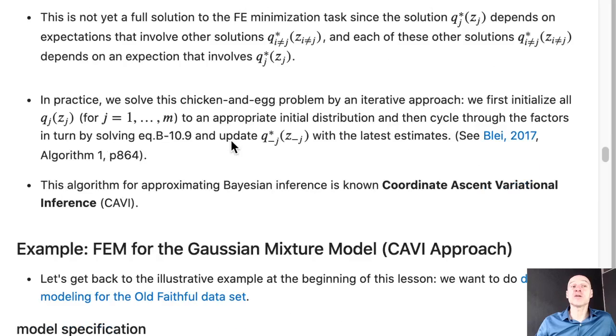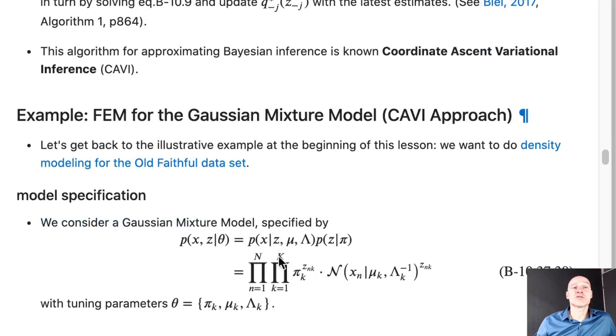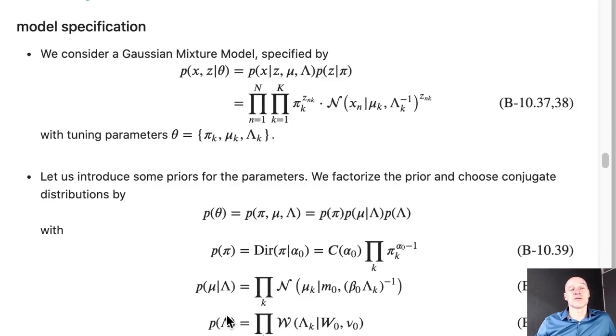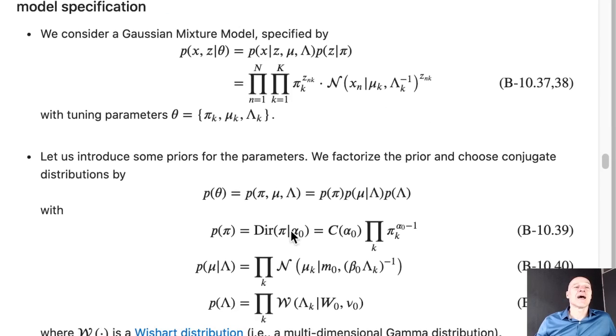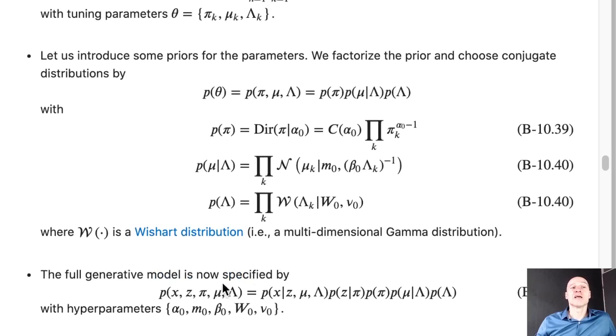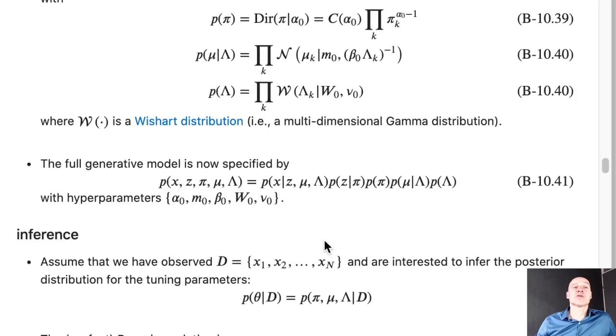For instance, we can do this now for our Gaussian mixture model. We go back to the illustrative example in the beginning. So this model assumption is the Gaussian mixture model. I'm going to set some priors on the parameters, on pi and on mu and on lambda, and then I have my full generative model, and I can now do inference.